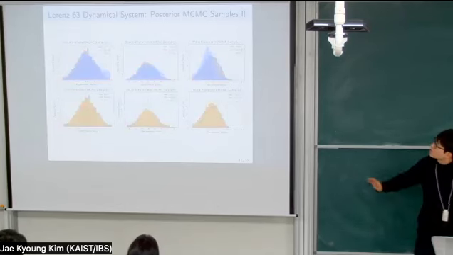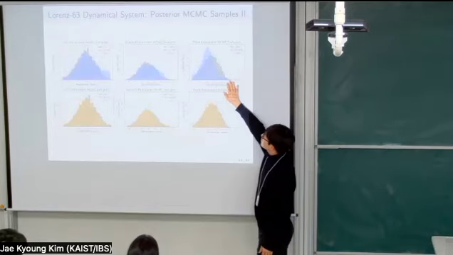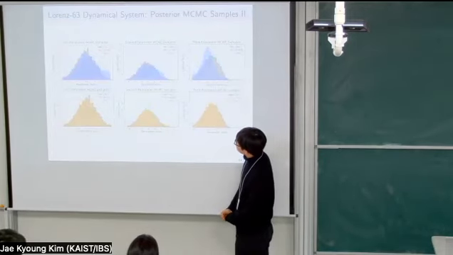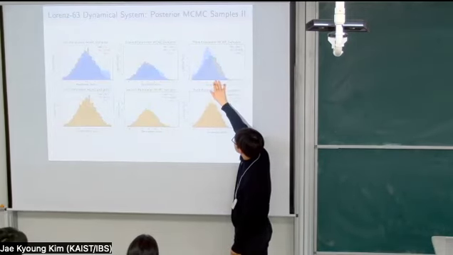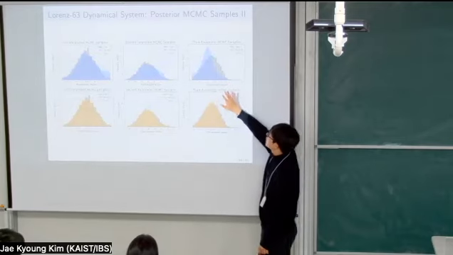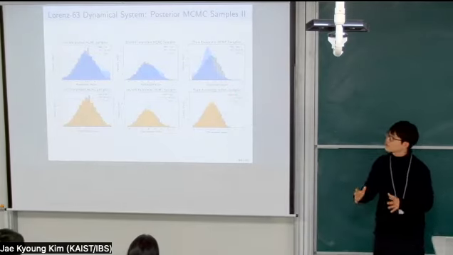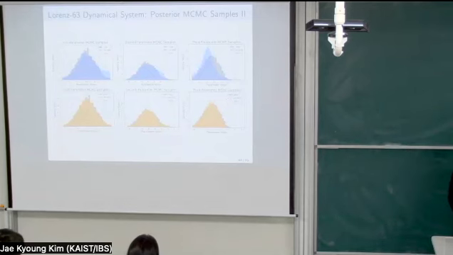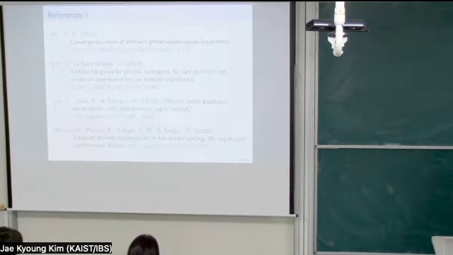Here with UCB you can see that it tends to capture the local mode quite well, but because it concentrates too much on the local mode, the posterior geometry often gets distorted. So those are the demonstrations of the uncertainty quantification, and here are the references, and I'm happy to take questions.